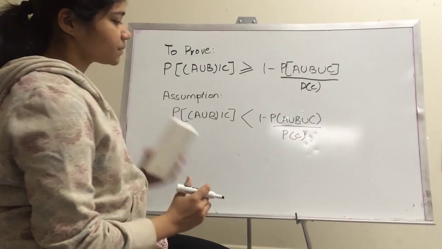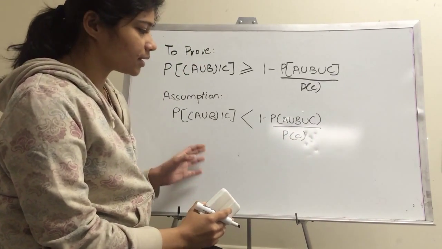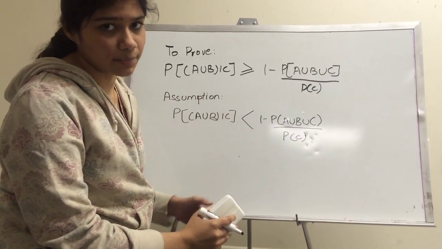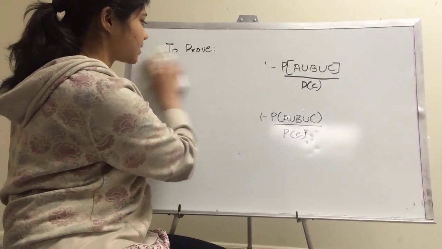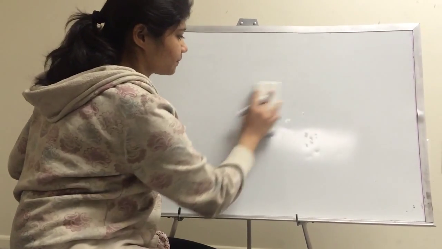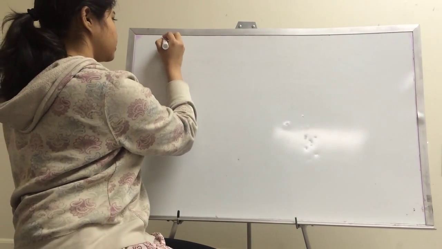Now I've assumed cases after solving the left hand side and the RHS, that is the right hand side, separately. So on solving the left hand side and right hand side separately, first of all I'm solving the right hand side.